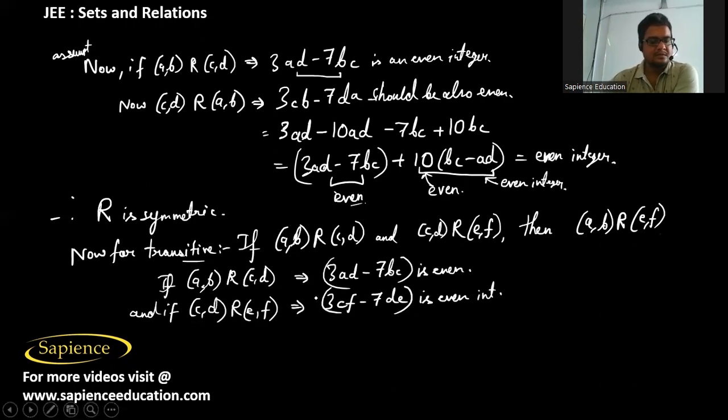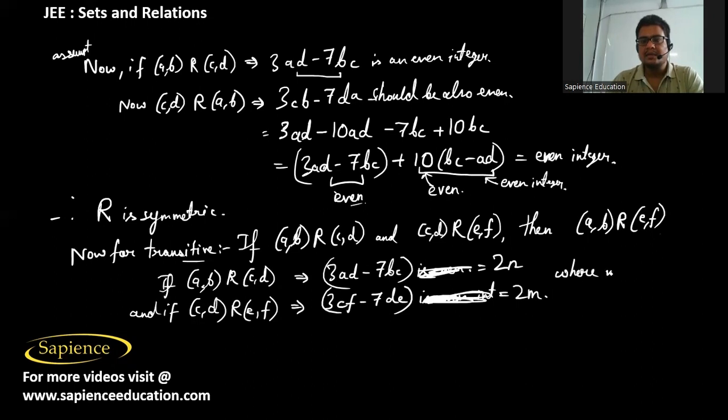Now let's say we take this as 2n, and this is also an even integer, let's say that is equal to 2m, where n and m are some integers.